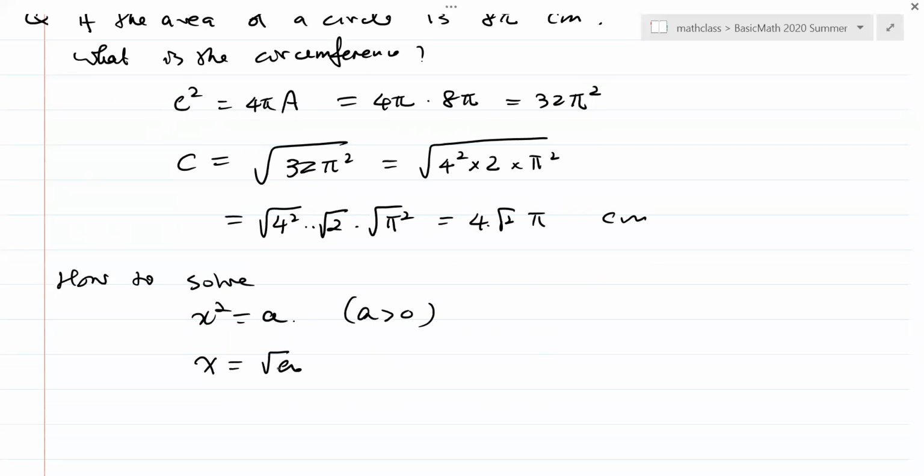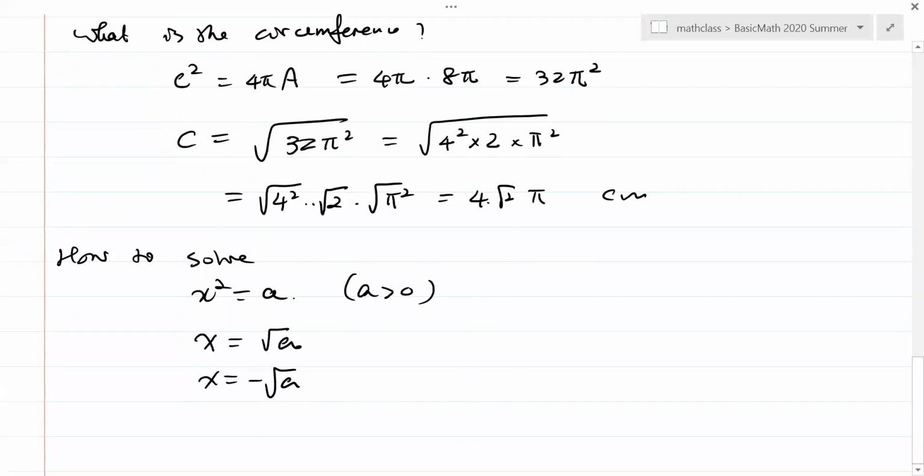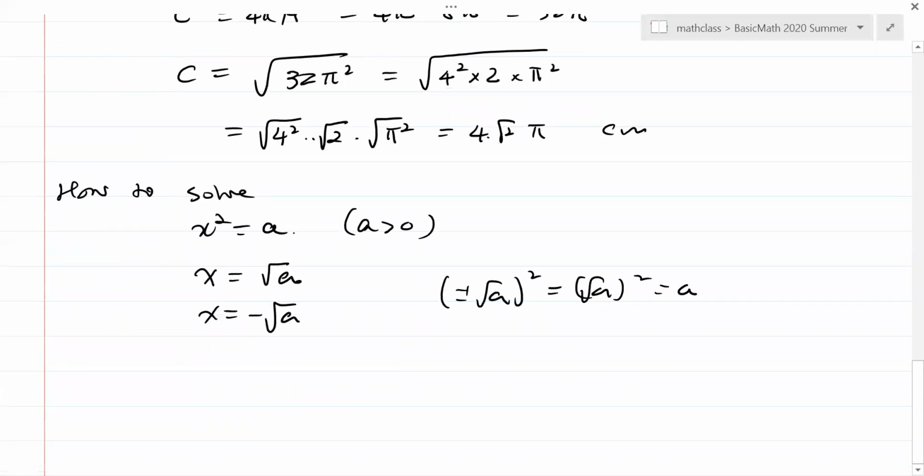If a is a perfect square, then the square root of a is going to be an integer. But there's another solution, the negative square root, don't forget, okay? If there's no restriction on the sign of x, there will be two solutions. The reason is that plus or minus square root of a, squared, is going to be a. That's why you should have two solutions.